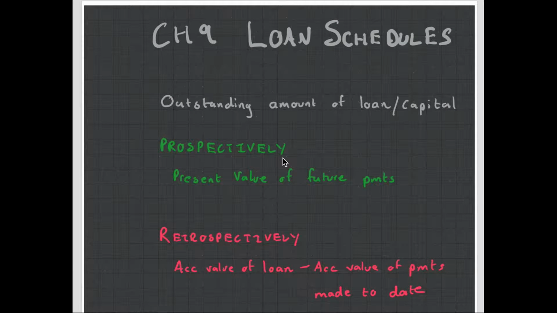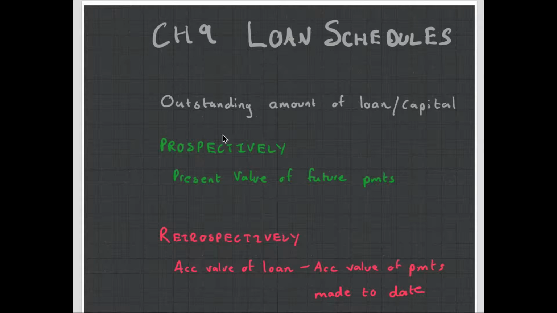Hey guys, it's MJ, the student actuary, and we're going to be looking at Chapter 9, which is Loan Schedules in Subject CT1. To start this off, we want to realize that there are two ways to calculate loans: prospectively and retrospectively.